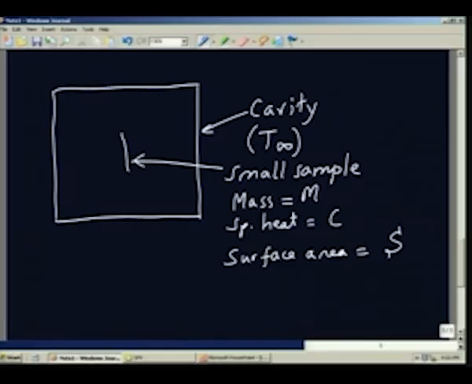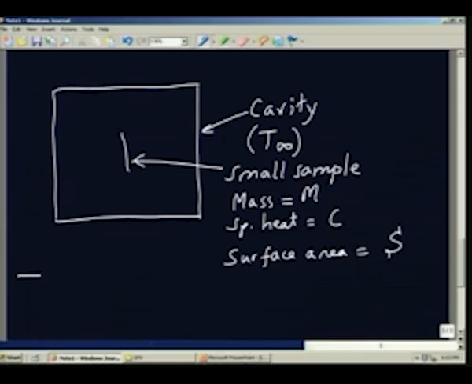So, let us look at what is going to happen. Suppose I heat the sample by some means, and at T equal to 0, I initially bring the temperature of the sample to some value greater than T infinity.